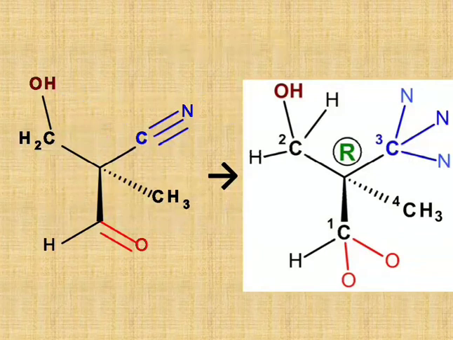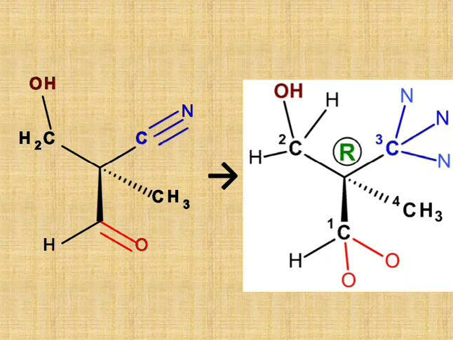What we do in this case is that we write the carbonyl group C double bond O as C single bond O, C single bond O in the second structure, and also we write the cyanide group as the carbon attached to 3 nitrogens by single bonds.